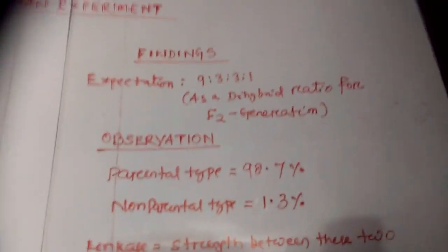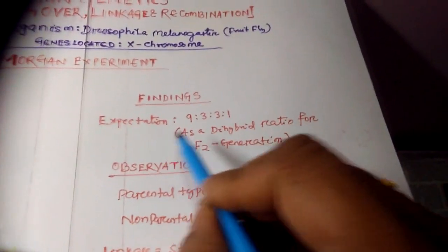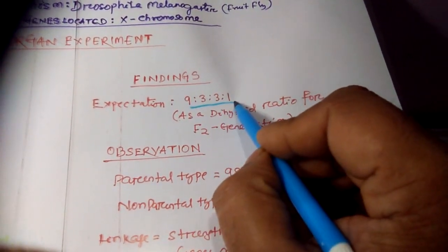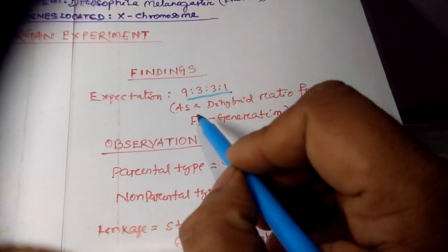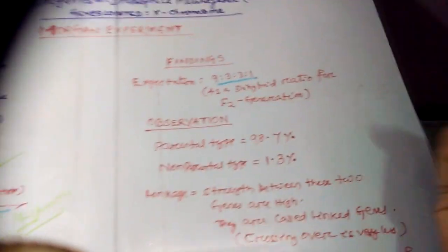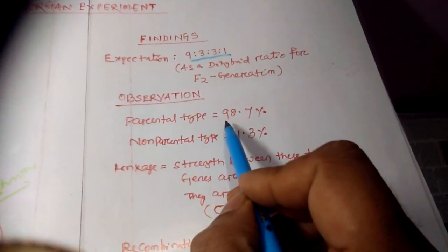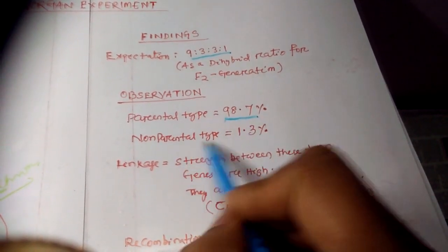Now what is his expectation? The expectation is like Mendel's: he was expecting to get a 9:3:3:1 ratio, as a dihybrid ratio, but he didn't get that. Instead, the observation he got was that the parental type is 98.7% and the non-parental type is 1.3%. What is the meaning of that?